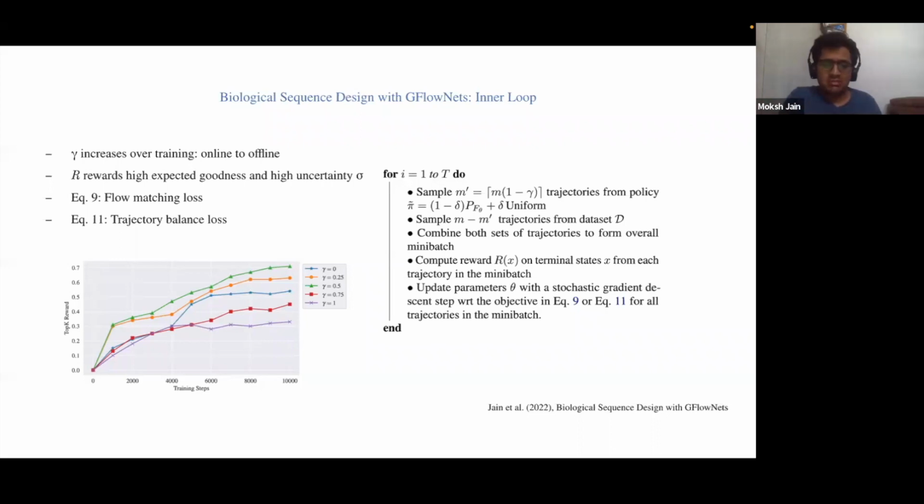Of course, if we train this for long enough with large enough neural networks, you would expect all of them to converge to the same thing. But due to practical constraints, you can only train for a finite number of steps and with a finite number of trajectories. So your trajectories are not necessarily representative of the entire distribution of sequences. That is why we don't gain that much.